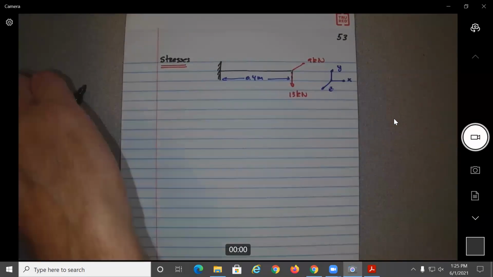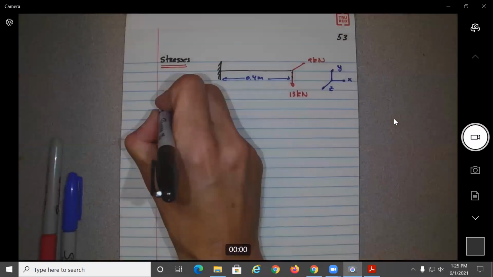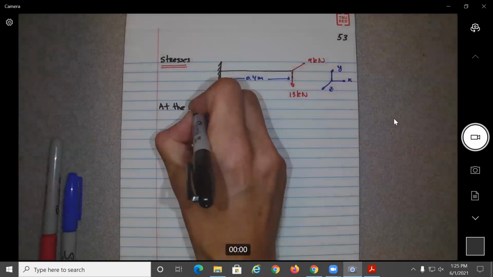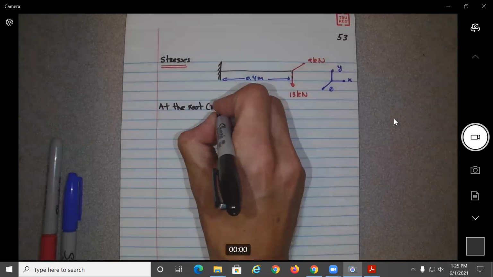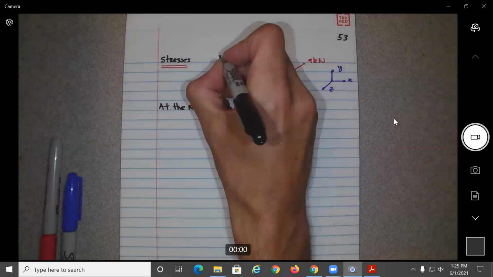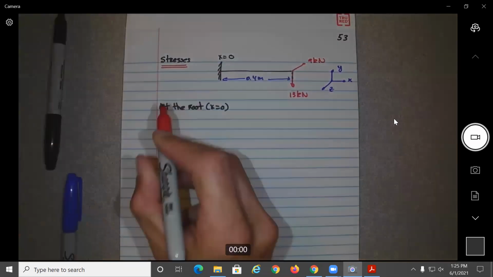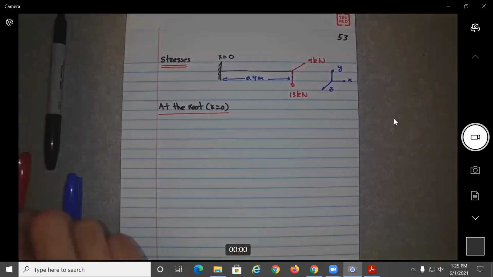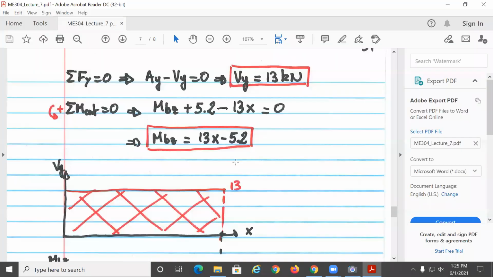So now, at the root, which means that X equals 0, which is over here, the moment will be the reaction moments, or you can take here at MBZ.